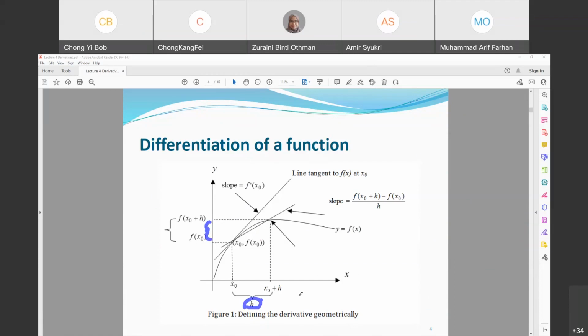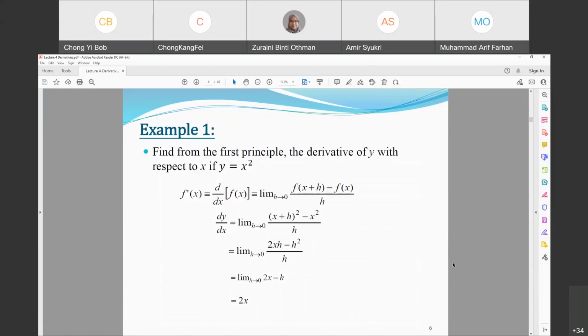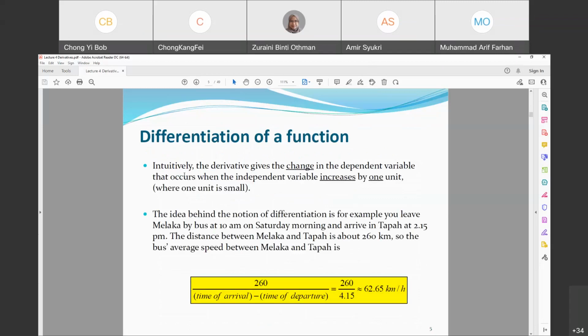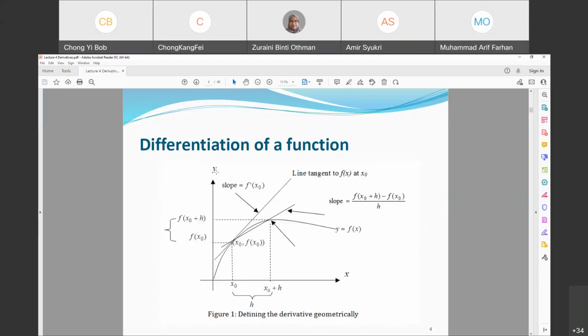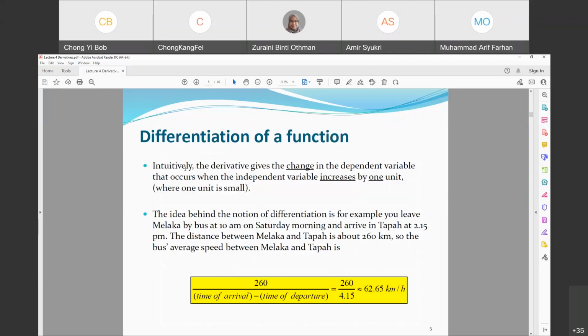Itu sebab kadang-kadang ada buku dia kata differentiation ni is the rate of change. Okay, intuitively the derivative gives the change. Ingat pembezaan. Perbezaan dia in the dependent variable that occurs when the independent variable increases by 1 unit.